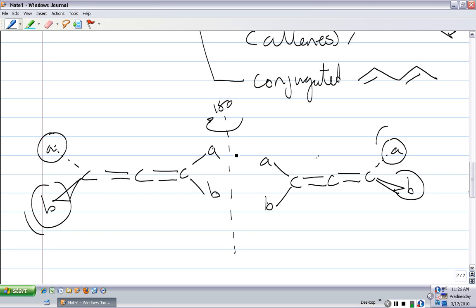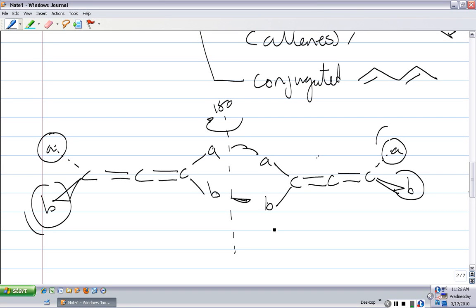Even though this A and that A, and this B and that B superpose perfectly, this and that will not fall on each other. So I have a species whose mirror image is not superposable upon it.